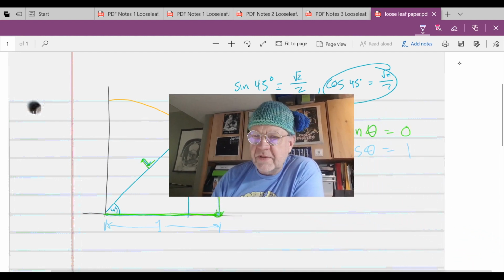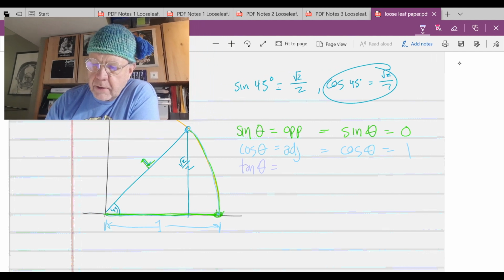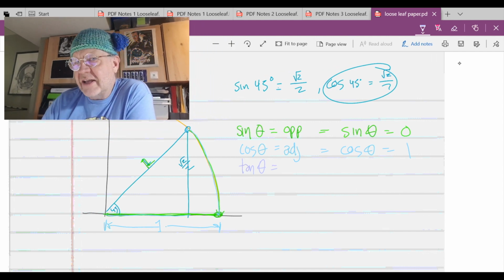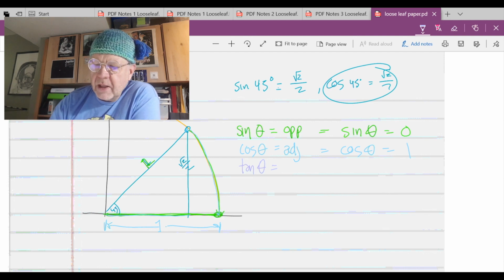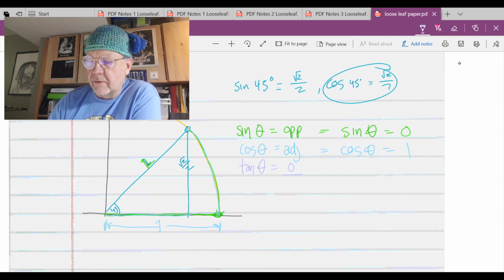Let's do one more. We're missing tangent of theta. So tangent of theta, recall, is opposite over adjacent. Well, we know what the opposite side is of 0 degrees. We know that the opposite side is 0. We know that the adjacent side is 1. What is 0 divided by 1? 0.